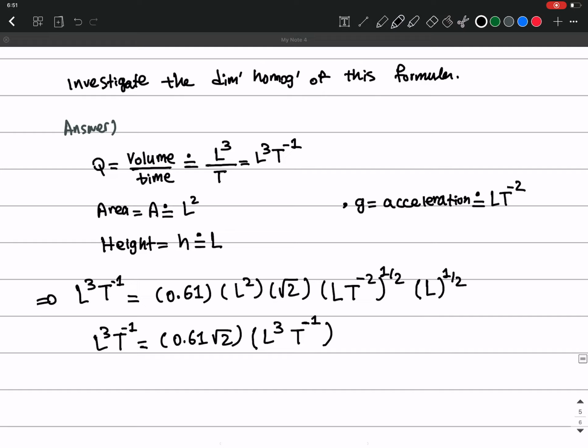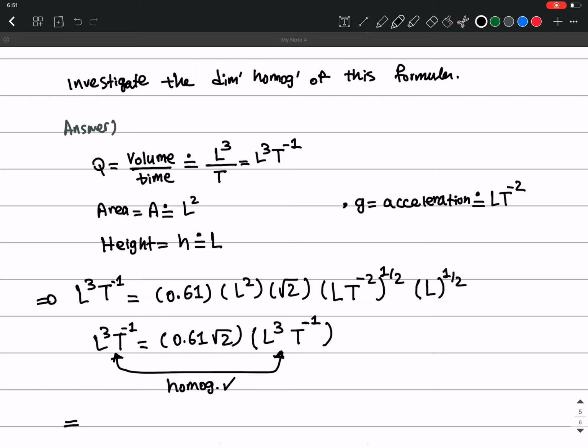As you see, from these two terms, they have the same dimension, right? L^3 T^-1. So this equation is homogeneous, and the dimensional homogeneity is valid here.